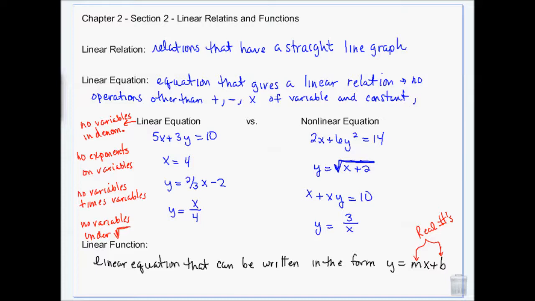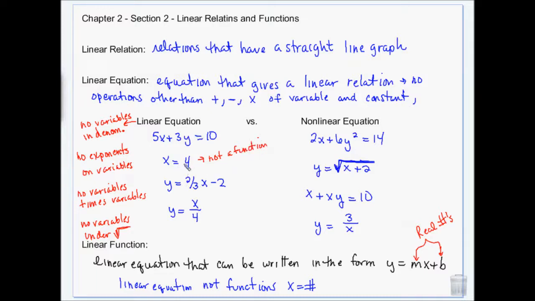Now the only linear equations that are not functions are x equals some number. So this right here is not a function.